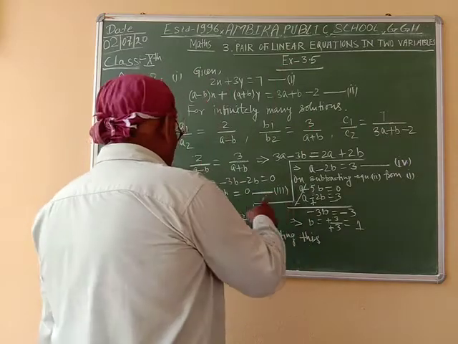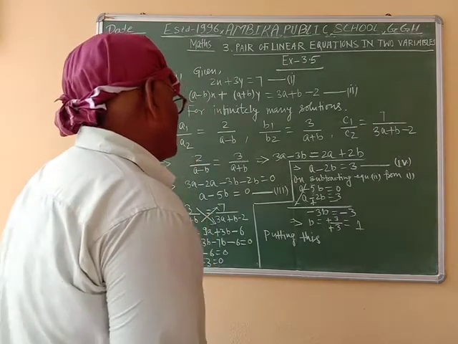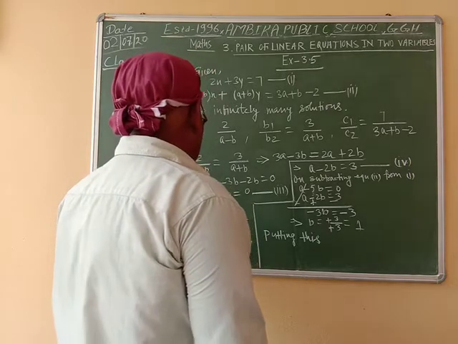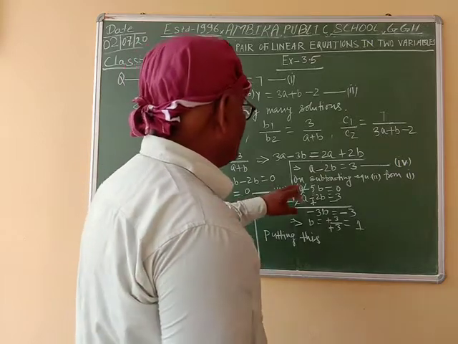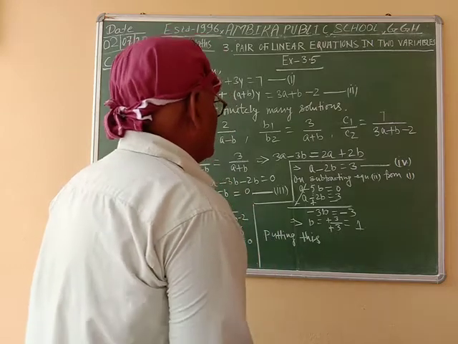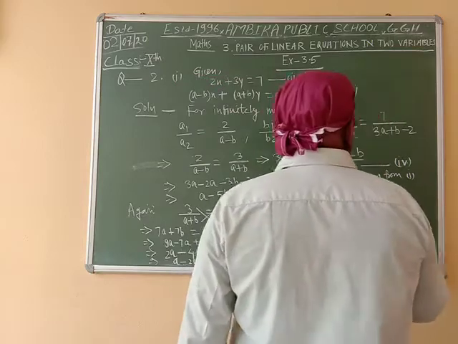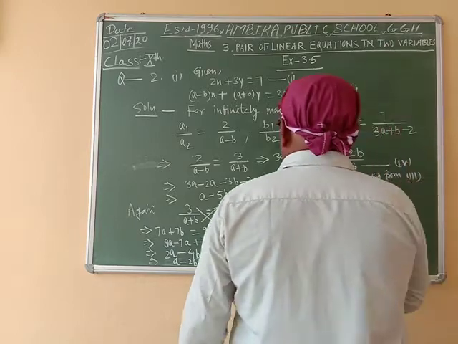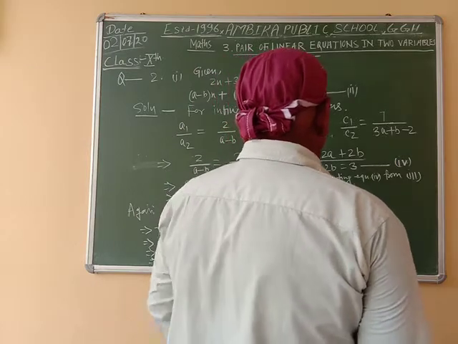Now solving equations 3 and 4 by elimination method. Here the coefficient of a is the same in both equations, so subtracting equation 4 from 3, we have a minus 5b is equal to 0 and a minus 2b is equal to 3.